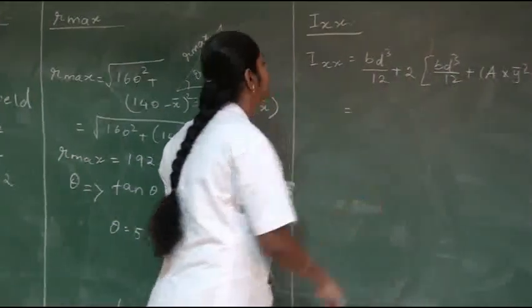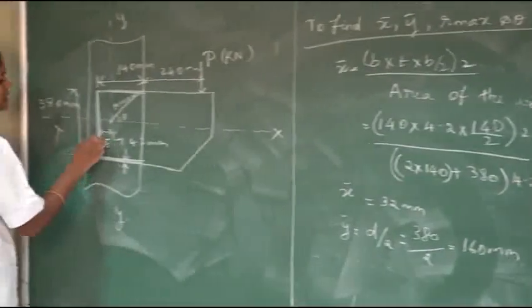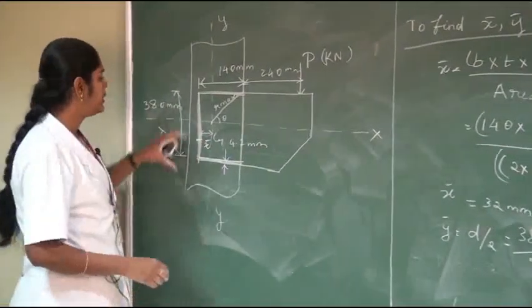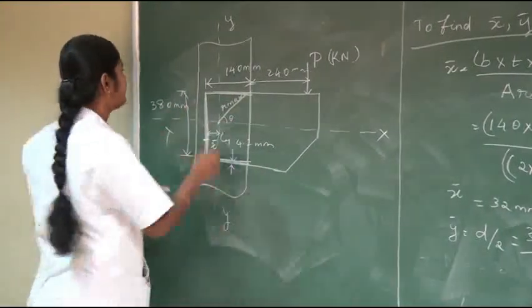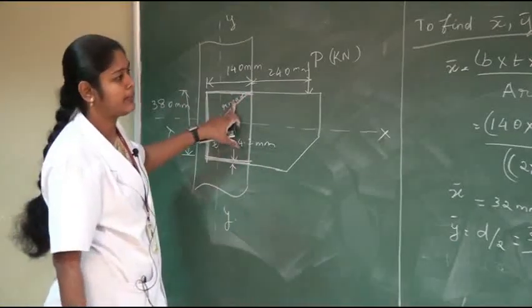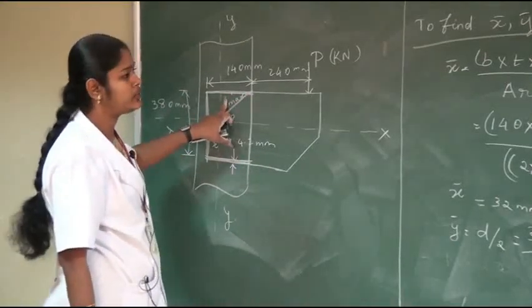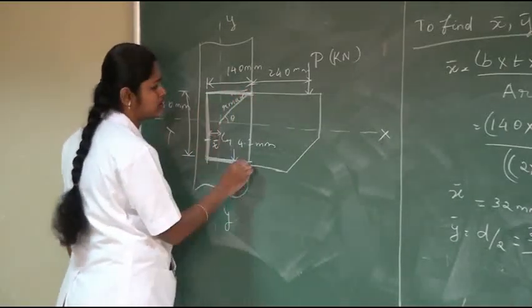We have to substitute B as the thickness of the weld, 4.2 mm, then depth is 380 mm, plus 2, here breadth is 140 mm, then thickness is 4.2 mm, divided by 12, plus the area of this section and this section.